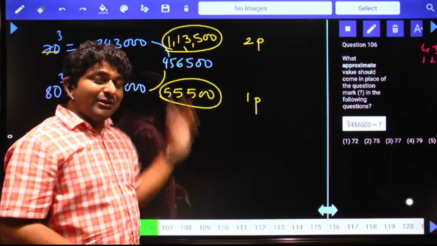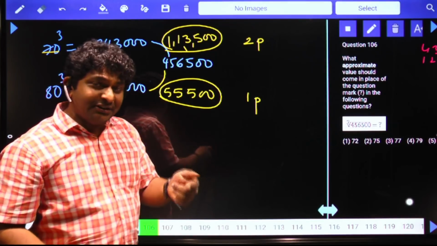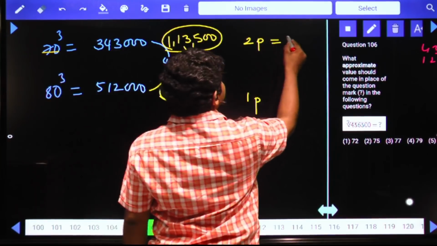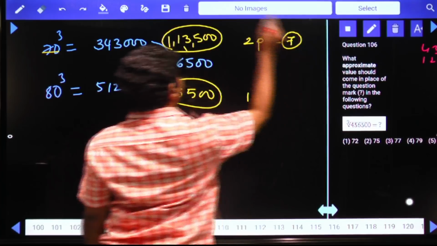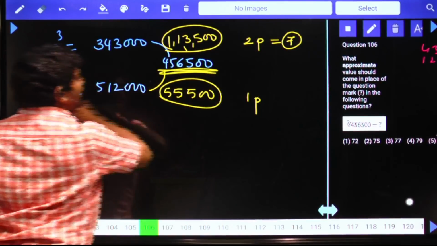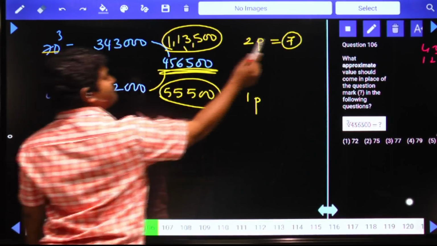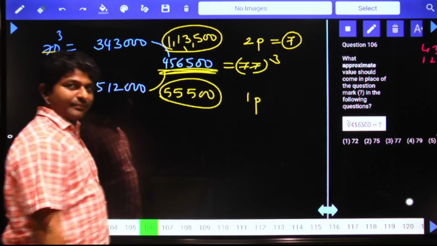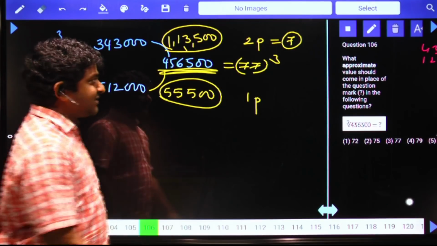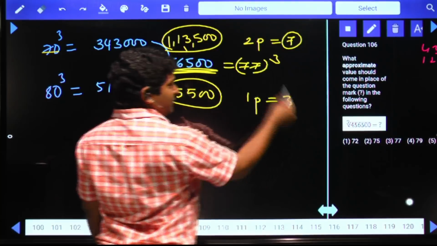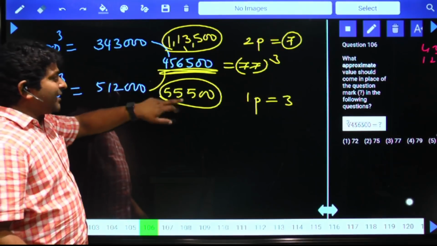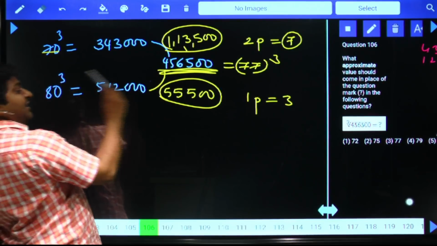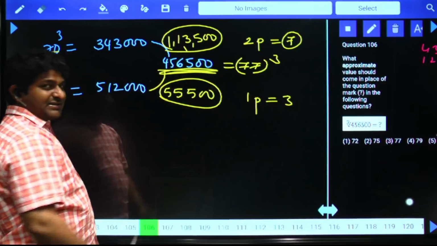If 3 parts is equal to 10, 1 part is 3.3 and 2 parts is 6.6. Approximating 6.6 as 7, this value is 70 plus 7, that is 77 cube. Otherwise, you can treat 1 part as 3, and since this number is less than 5,12,000, it is 80 minus 3, that is 77 cube.